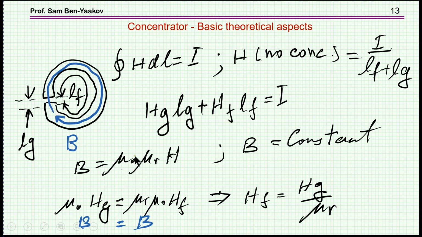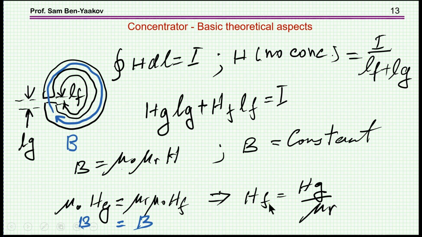So since B's are constant, then we can say that mu 0 times Hg is mu r mu 0 times Hf. This is within the ferromagnetic material, and I can then express the magnetic field here, H sub f, as a function of the magnetic field here.